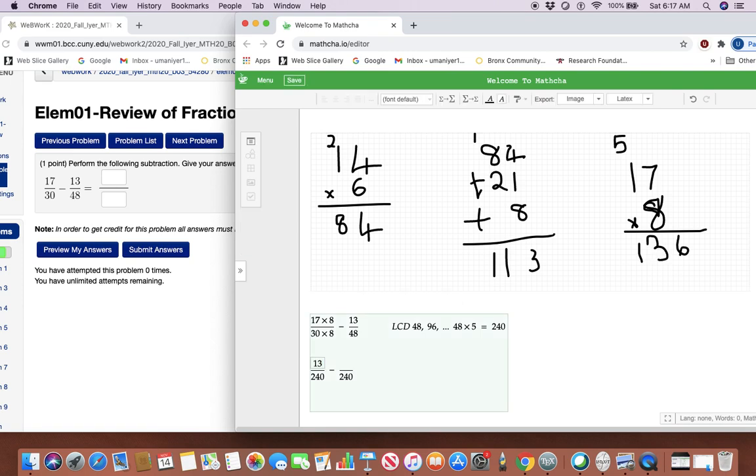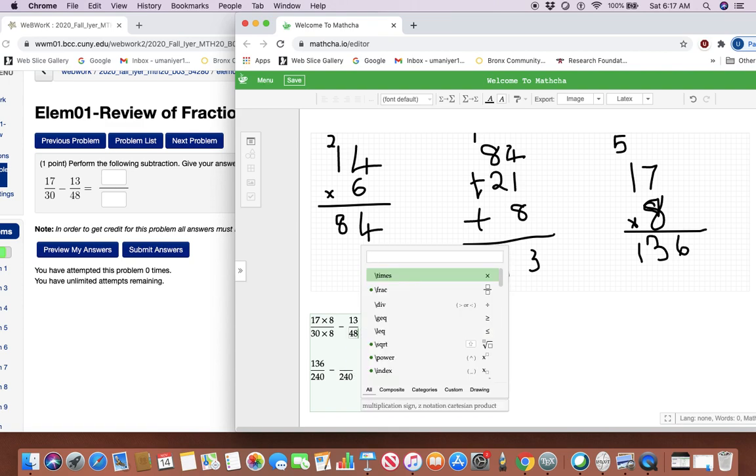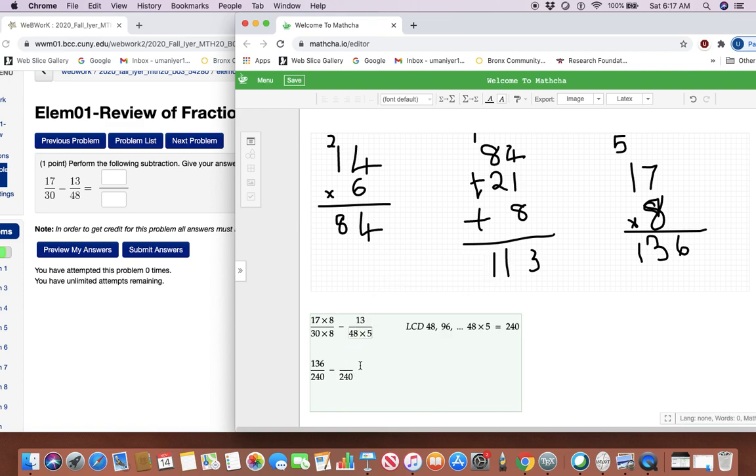So that's 136. Whereas 48 times 5 is 240. So whatever I multiply downstairs, I need to multiply upstairs. So that's a 65.